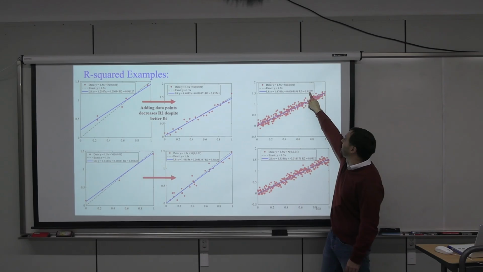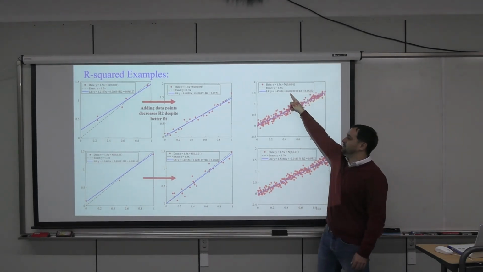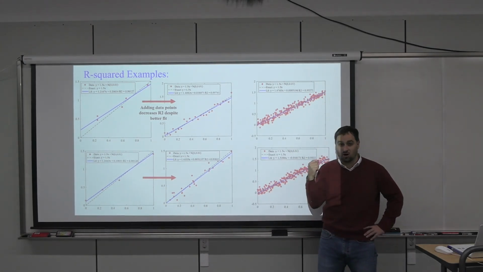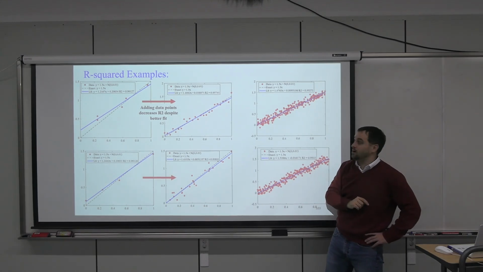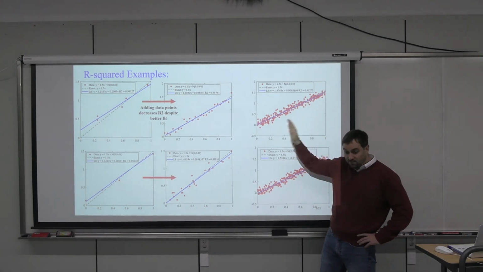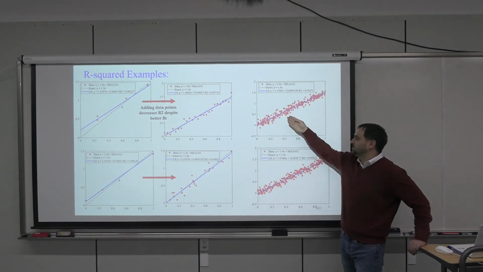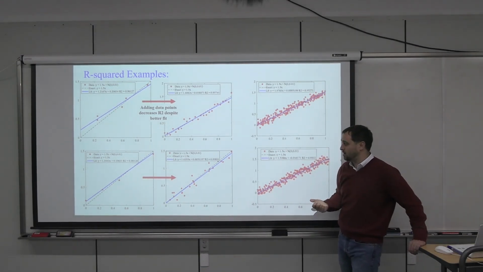But look, 0.952. So this is actually the best regression. We have the most data. Our regression function almost matches the underlying function, yet it has the smallest r squared. Of course, the difference is trivial, less than 1% difference, but the best model with the best training data set has the smallest r squared.